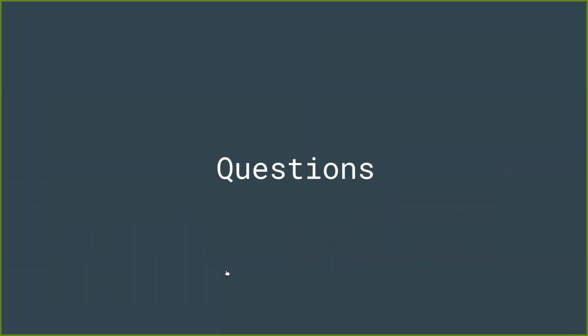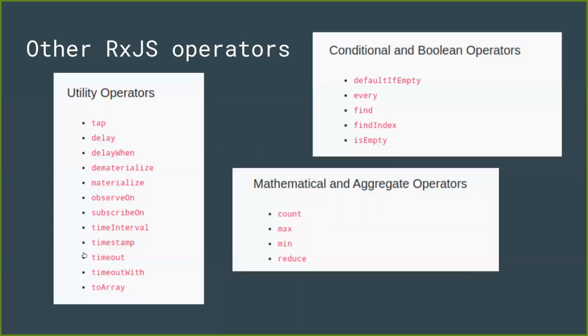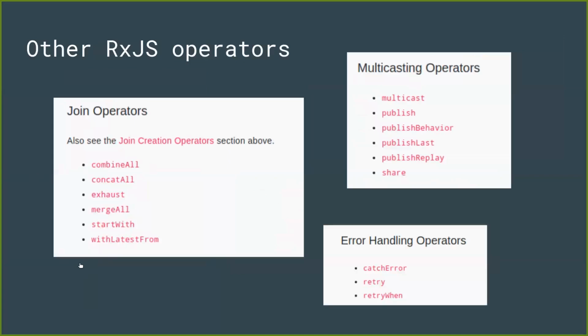What about multicasting operators? I'm not sure that I use this kind of operators. Let me try to see them, to be honest. Neither do I. I know they do something, but I haven't used them ever.